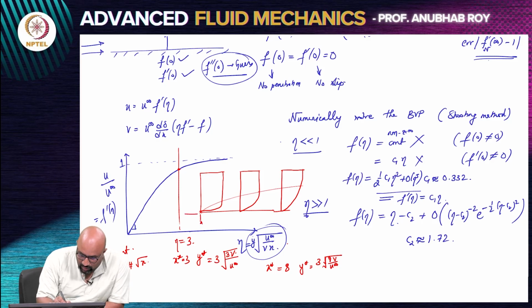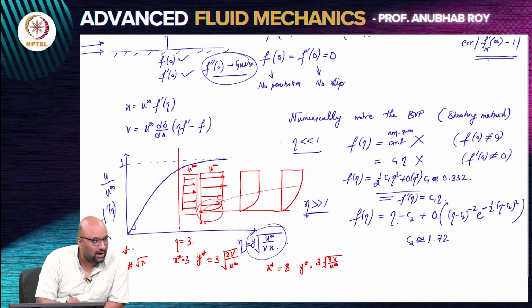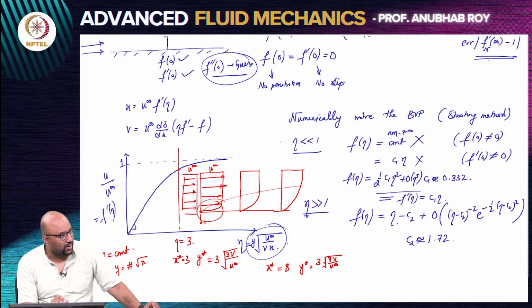If this is x equals 0, exactly at the inlet, you have a plug flow or a uniform flow. It is only that once it enters the plate, the first few layers of the fluid have realized that, hang on, I cannot move as fast as u infinity. I have to be consistent with the fact that I am sliding over a stationary boundary. So the bottommost layers of the fluid have now gotten stuck to the plate. So they have immediately come to a halt.